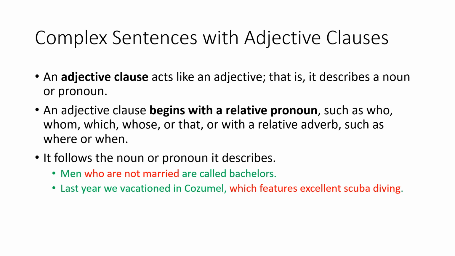It follows the noun or pronoun it describes. For example, men who are not married are called bachelors. So here, who are not married is my adjective clause. Last year we vacationed in Cozumel, which features excellent scuba diving. So which features excellent scuba diving is my adjective clause.